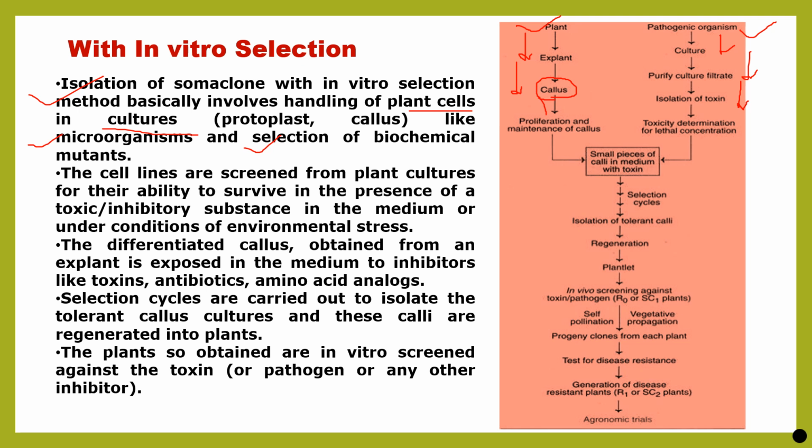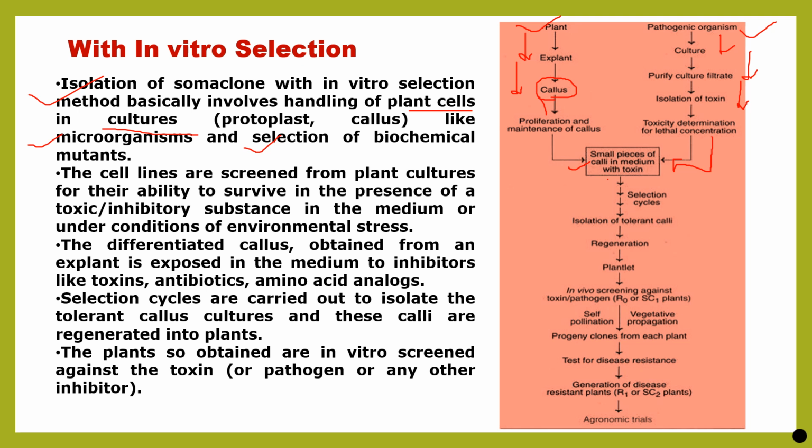Now we'll use that toxic agent and add it in the media where we are growing the calli. Fine. So now the culture which has the callus also contains a toxic agent for which we are testing if the callus cells are resistant. Right.